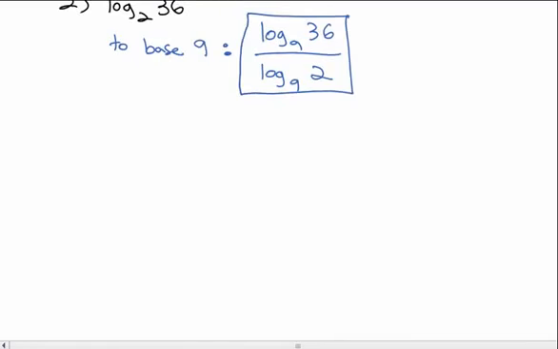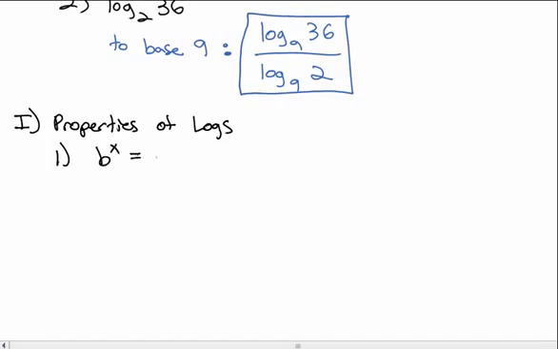So we've looked at a lot of things today, really going over the properties of logarithms. First thing you need to know is how to change a log and an exponent between each other. A base to an exponent equals a, or log base b of a equals the exponent.